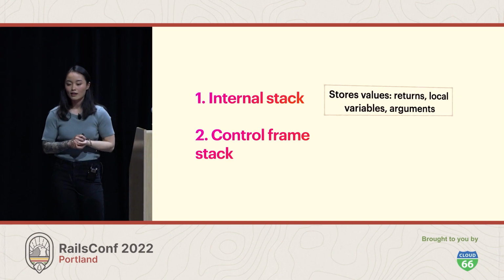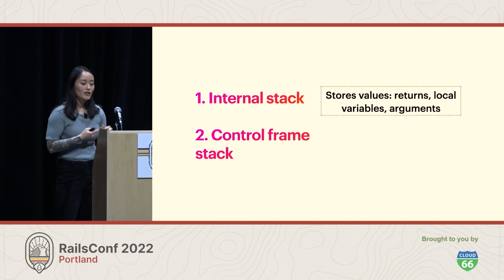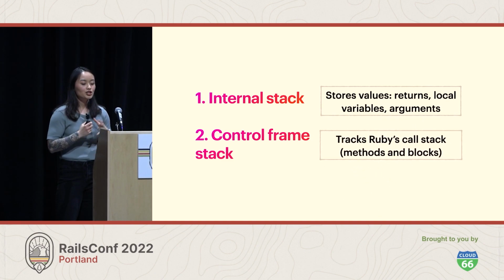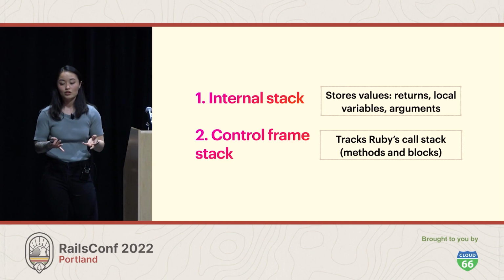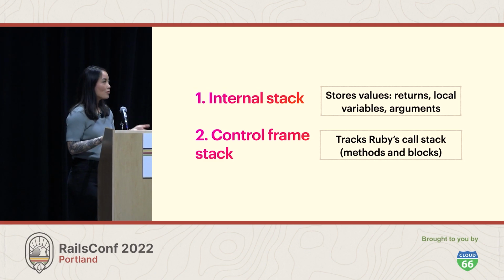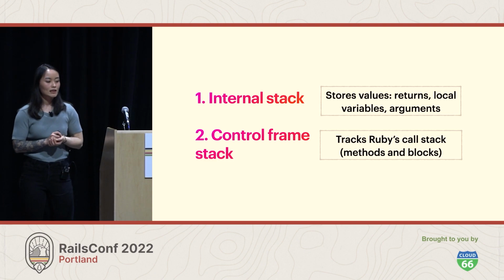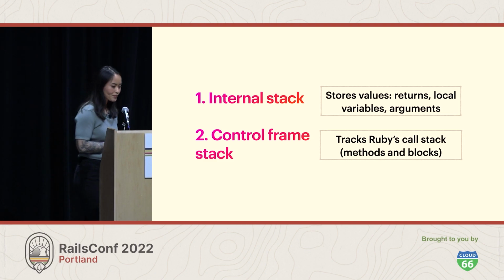The internal stack stores values such as returns, local variables, and arguments. And the control frame stack tracks Ruby's call stack, so we know the scope of the bytecode that's being executed. When we enter a new scope, for example, when a method is called or a block is called, a new control frame structure is pushed onto this control frame stack. But we won't go into detail about the second stack here. We won't talk about the control frame, but we will talk about the internal stack.